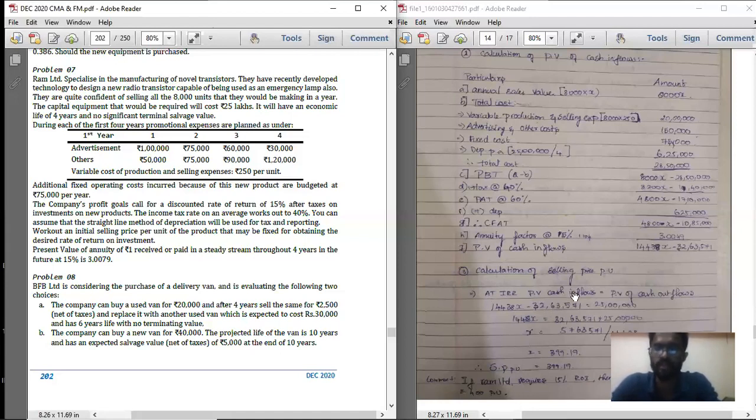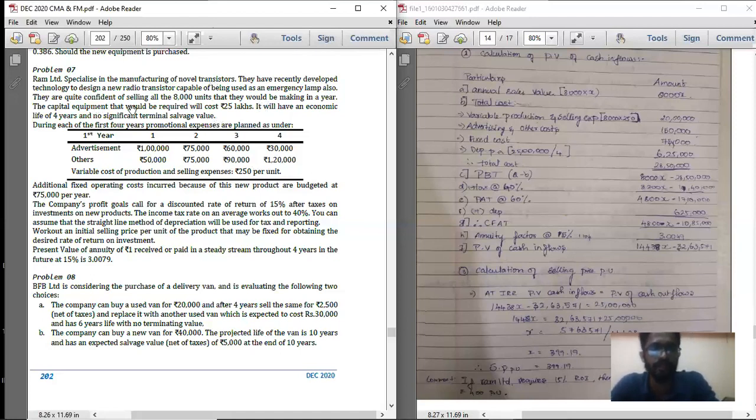We know the present value of cash inflows is 14,438x minus 32,63,571, so take it down. This is equal to the present value of cash outflows, that is 25 lakhs.